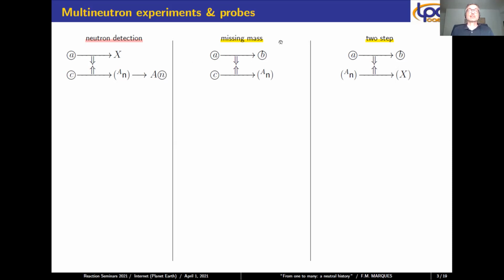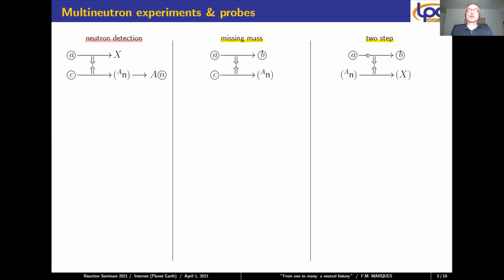Another possibility is the missing mass technique: again a nuclear reaction, and you create the multineutron in a binary exit channel, and then you detect the charged partner. So by missing mass, you can deduce the energy of the multineutron.